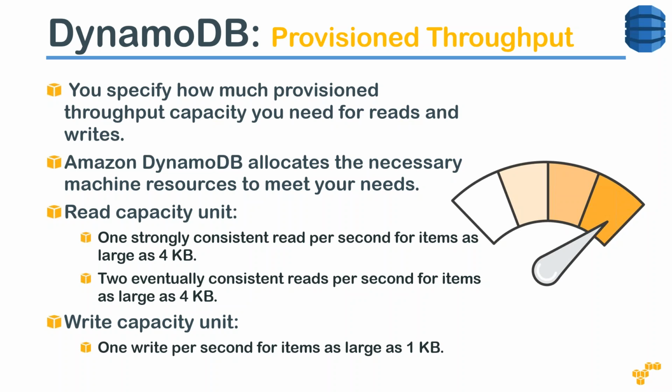When I want write capacity, the minimum is 1 KB, and you can go higher than that. So it is one write per second for items as large as 1 KB, and you can configure it in units. One unit equals one write per second for an object as large as 1 KB. So if you say 10 units, you will be provisioned with a capacity of 10 KB.